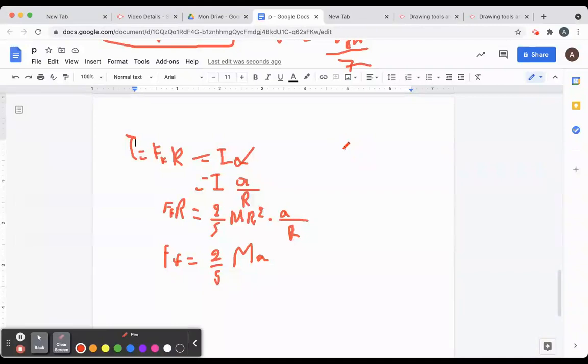Then we can do the same as the problem before. Sum of the forces equal MA, and we know that sum of the forces is mg sine theta minus the force of friction, which is 2 over 5 MA, which is equal to the mass times acceleration.